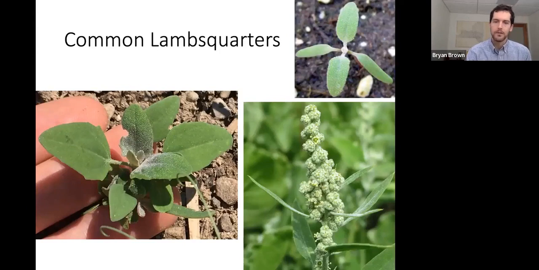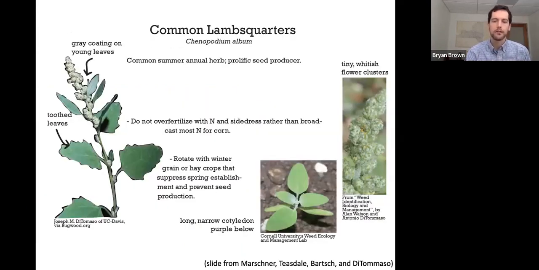Okay, common lambsquarters. Very distinctive, kind of a lighter green shade. And part of that is that it has these white, powdery looking trichomes on the upper surface of the leaf.